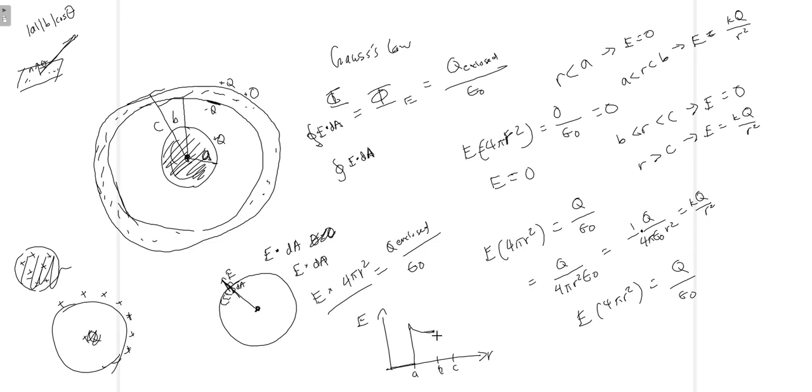And then from B to C, it is 0. So I believe it looks like this. Then back to 0, and then as R gets bigger, the field gets smaller.